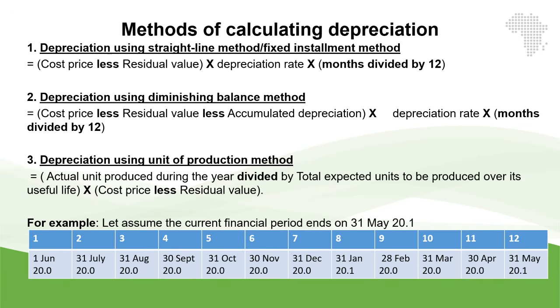It's like you are taking the carrying amount multiplied by depreciation rate multiplied by months divided by 12. You'll always update this as the accumulated depreciation keeps changing. Then you'll say cost price less the new accumulated depreciation, multiplied by the depreciation rate times months divided by 12, because that is very important to always remember.